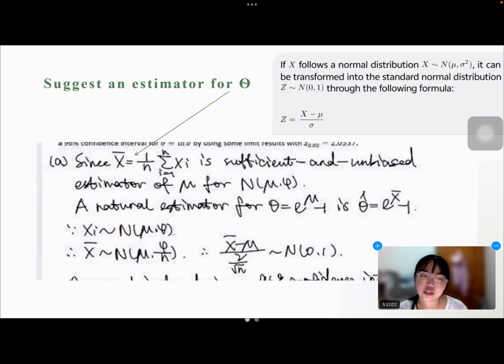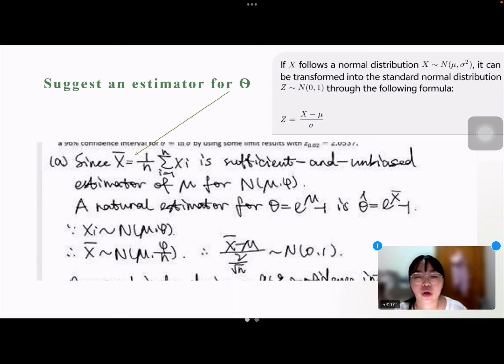So the first, part A. Because the unknown parameter is mu, we select x bar to be the estimator of mu. And we know that x follows the normal distribution, but we need something that follows the standard normal distribution.